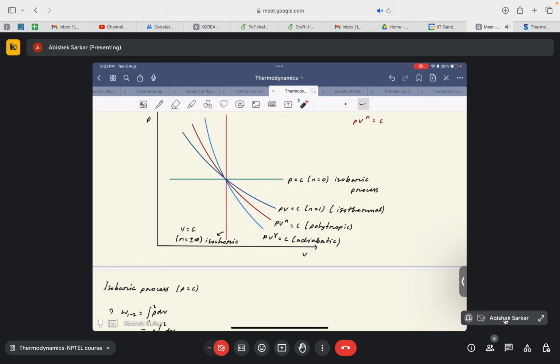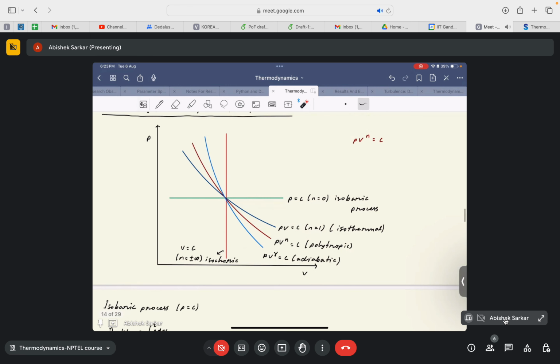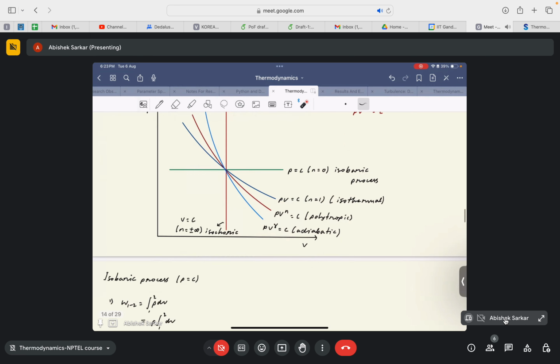For n equal to plus or minus infinity, it implies that the volume term is very large or very small compared to p, so the existence of p in this equation becomes negligible. So we can write volume equal to constant. These kinds of processes are known as isochoric processes or constant volume processes.